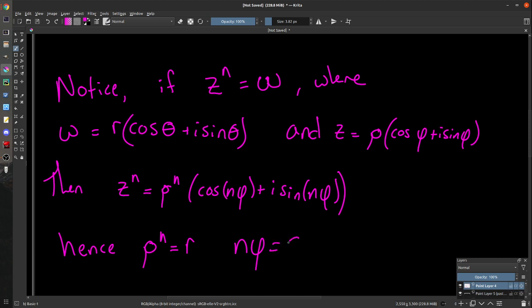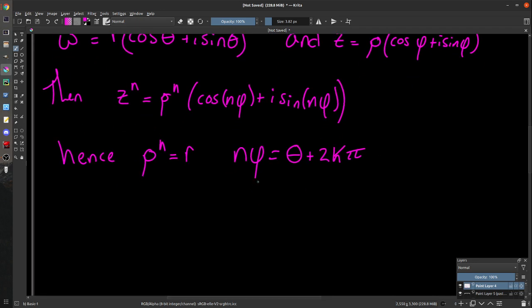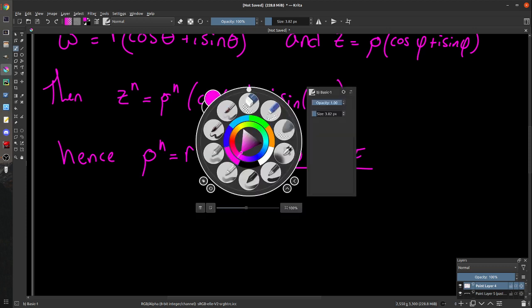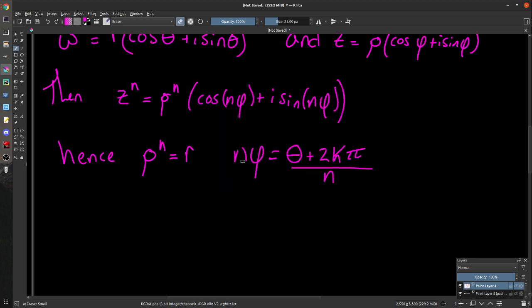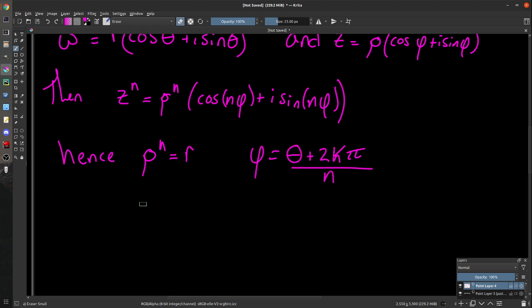And in reality, what we have to have it equal to is not just theta, but theta plus some multiple of 2 pi, 2k pi, however you want to write it. That is bringing this n over. There we go. We've kind of figured out what we need to do.